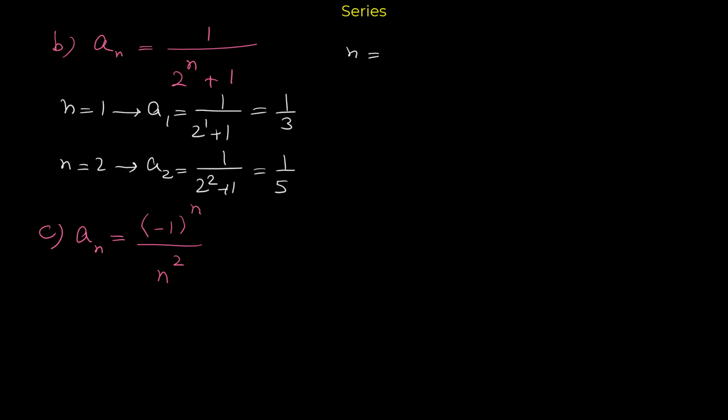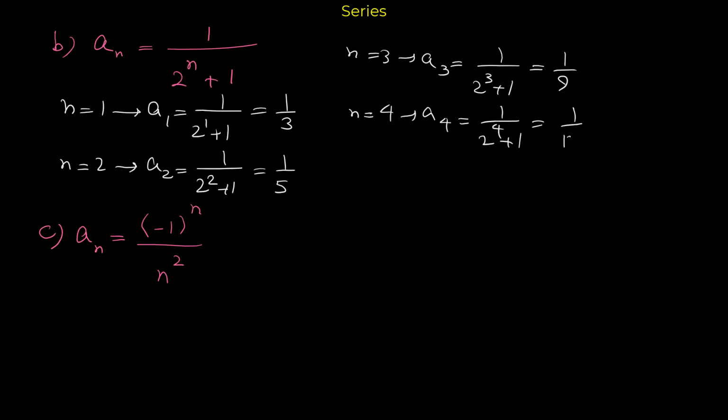The third term would be 1 over 2^3 plus 1, which would be 1 over 9. The fourth term is a_4, 1 over 2^4 plus 1, 1 over 17. And the fifth term is 1 over 2^5 plus 1, 1 over 33.